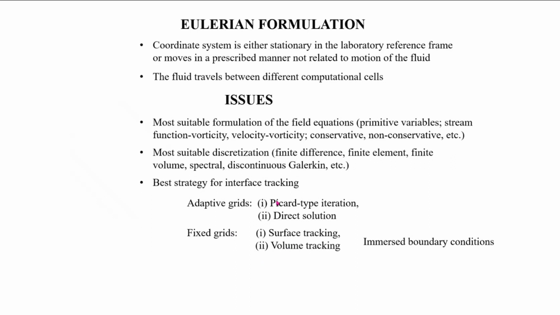The concepts of adaptive and fixed grids go back to the 50s, like 70 years ago, and they are being rediscovered every couple of years. Immersed boundary conditions are extremely popular these days, but the concept goes back at least 60 years. Then we have mapping methods and various special methods.